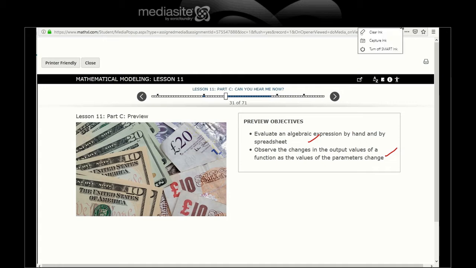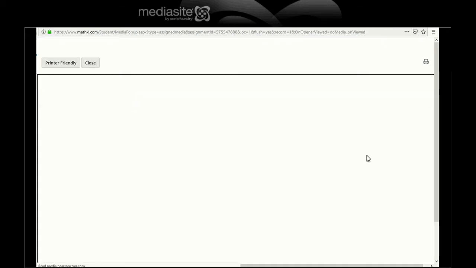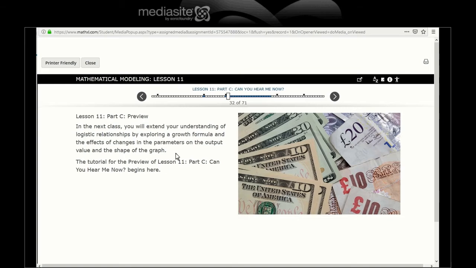That should be doable. Now in the next class you will extend your understanding of logistic relationships by exploring a growth formula and the effects of change in the parameters on the output value and the shape of the graph. The tutorial for the preview of Lesson 11, Part C, Can You Hear Me Now, begins here.